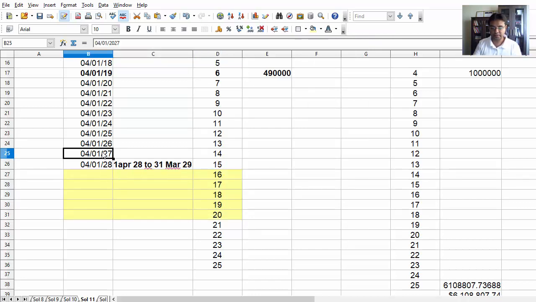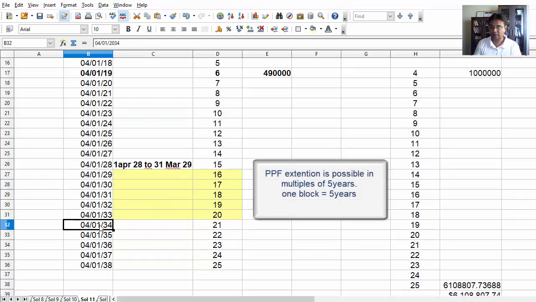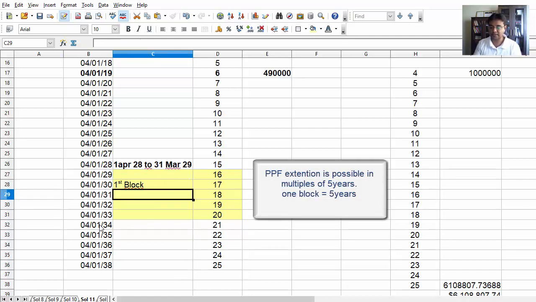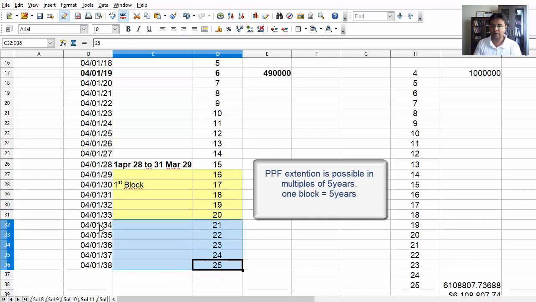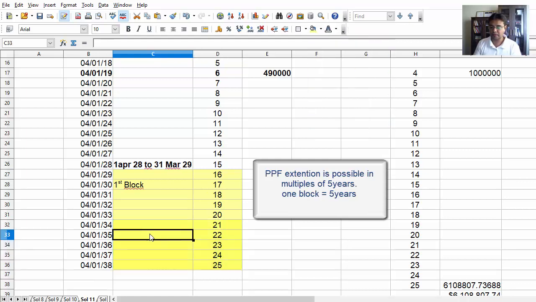So this is the first block. Okay, and let me put the dates also. Now remember these are the opening dates, that is 1st April. And this highlighted part is the first block, first extension, and the next one is 1 2 3 4 5. Now this is the second block. Okay, so let me put here in a different color.